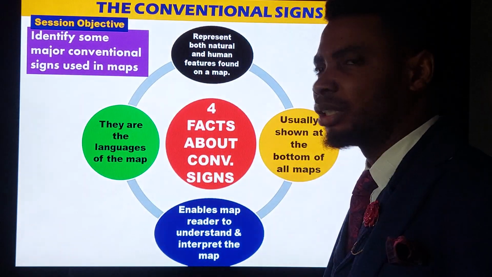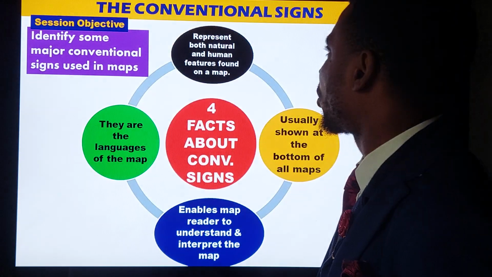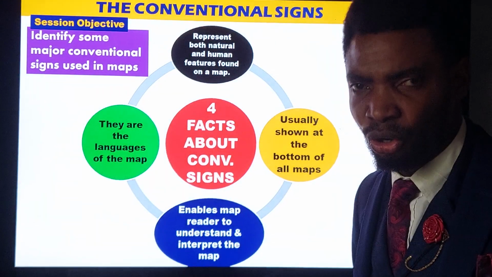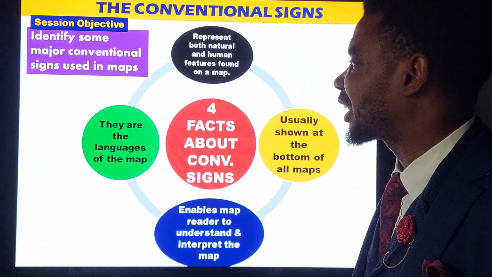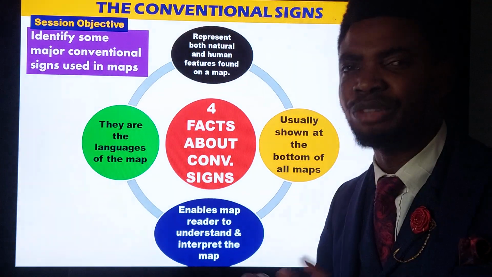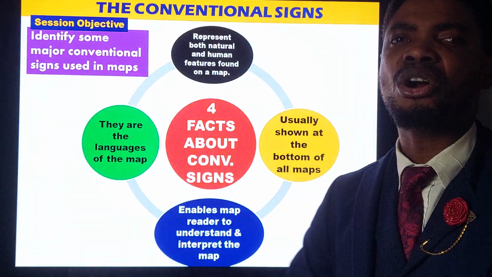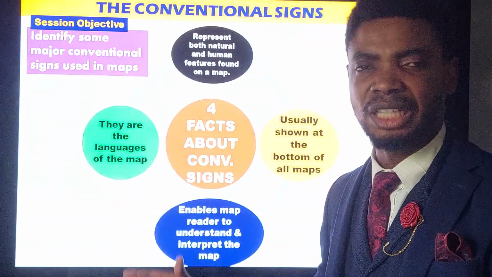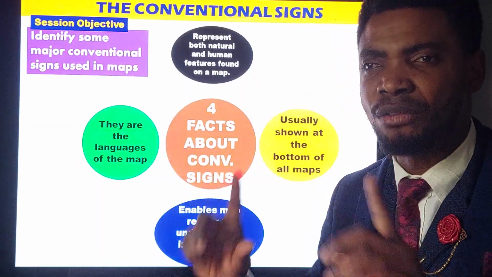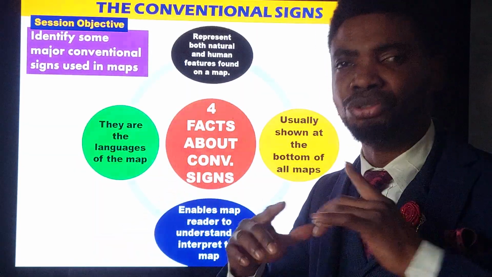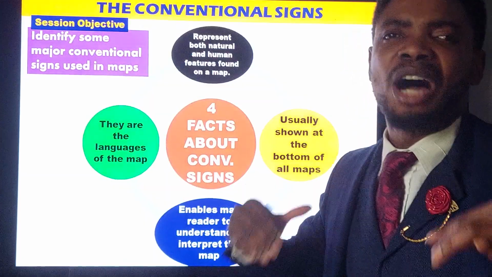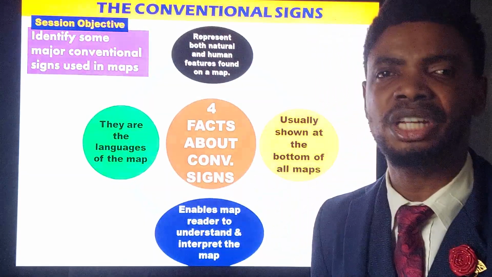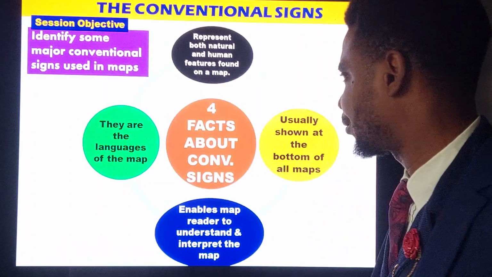The first one is that conventional signs represent both natural and human features that are found on a map. Conventional signs are the language of the map. Without conventional signs, you cannot read a map. Don't forget, we are doing map reading and interpretation. Without conventional signs, you cannot read a map, because the language we use to read a map is the conventional signs. So you study a map through its conventional signs.